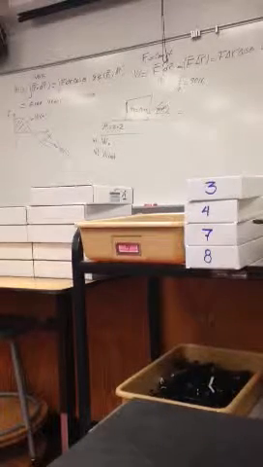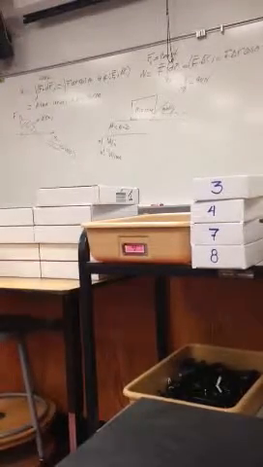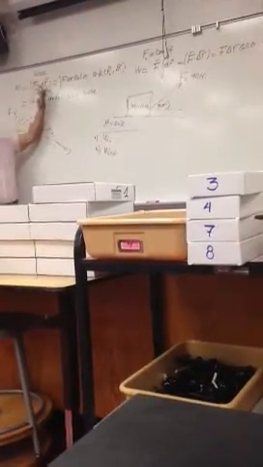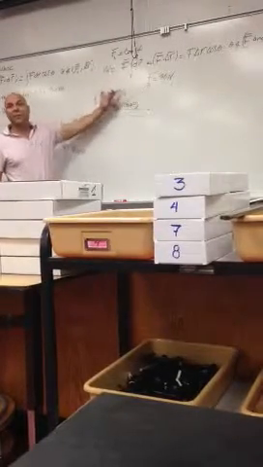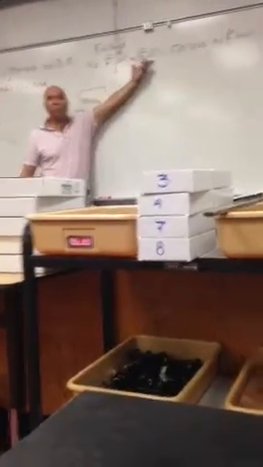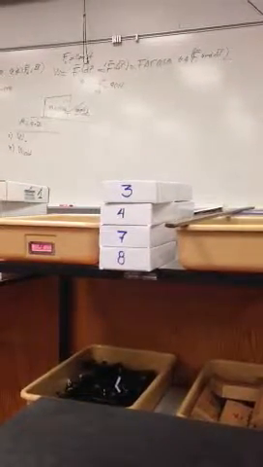So in order to find the work done by each force, I can apply the formula for work, because we know that if the force is constant, we can apply this formula.